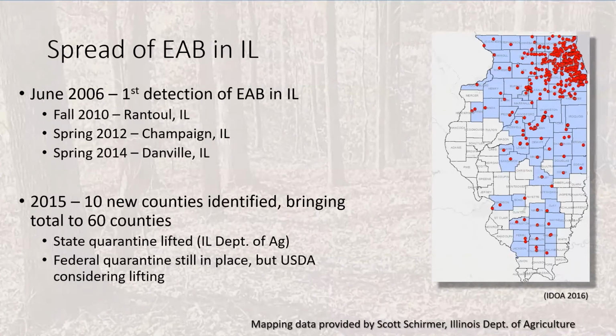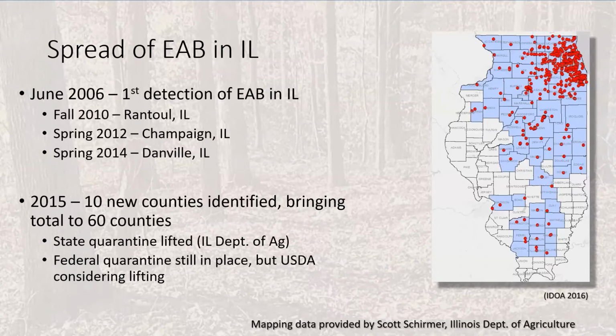But in 2015, we saw more infections, and our total reached about 60 counties. So at that point, our State Department of Agriculture lifted the quarantines at the county level inside the state. The point behind that is that it's so present in Illinois that the quarantines just weren't doing much to stop the spread.